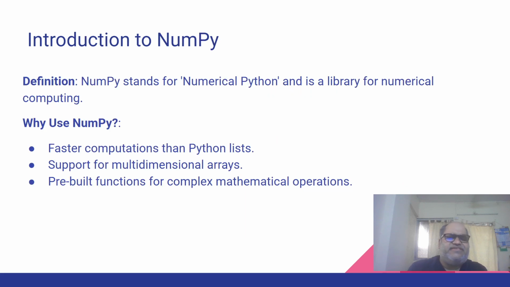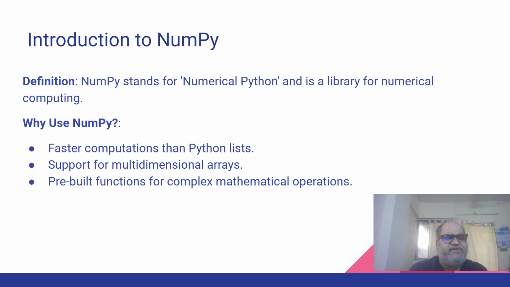NumPy, which stands for numerical Python, is a library for numerical computing. If you look at a Python list compared to that, NumPy is much faster. It also has support for multi-dimensional arrays.